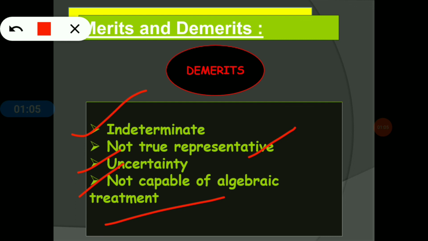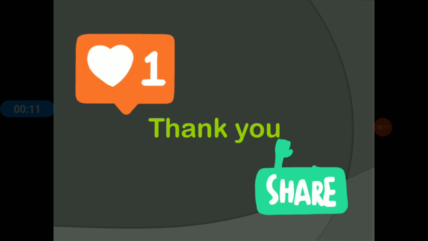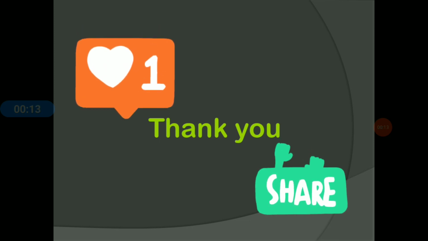So that's why it is not capable of algebraic treatment. I think this is clear, what are the merits and demerits of mode, what is the actual meaning of mode, and the calculation process of mode by the inspection and the frequency series method.